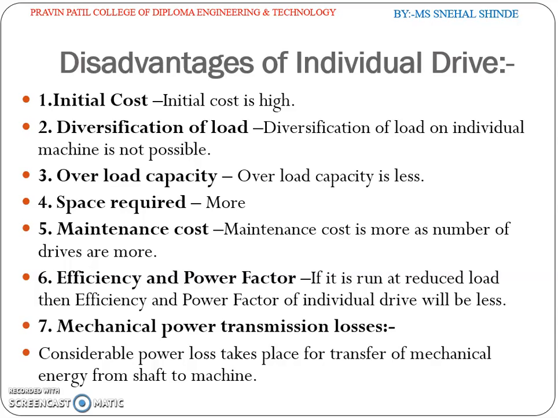So here we have seen the group drive and individual drive, in which the group drive is also known as a shaft drive. A big size motor, the main motor, drives a common shaft. To this shaft, a number of small machines are connected. Therefore, the common shaft drives the small machines.